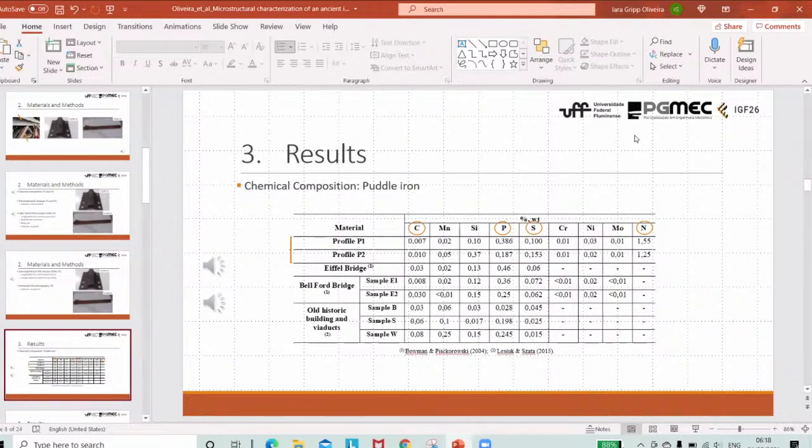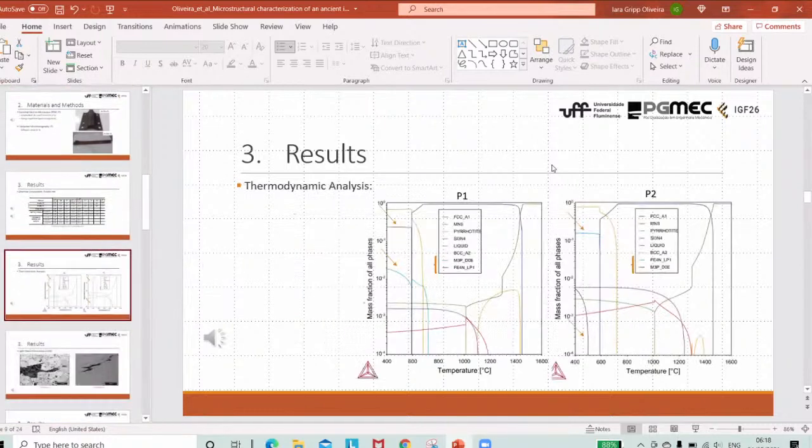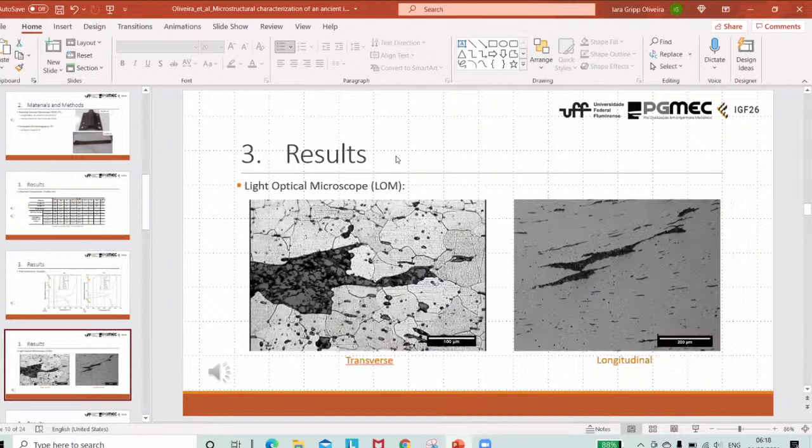Here in the presentation, we have the results for each of them. This material has a low amount of carbon and a high amount of elements that we don't desire nowadays, like phosphorus, sulfur, and nitrogen. These are characteristics of a specific material called puddled iron. Here we have the results of the thermodynamic analysis and images that we obtained by the other analyses, in the transverse direction and longitudinal direction.